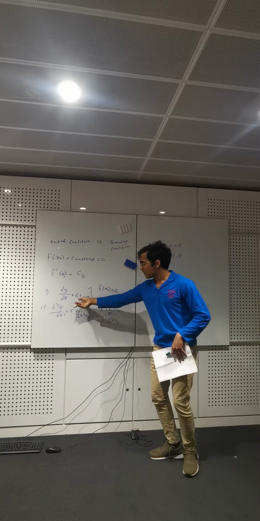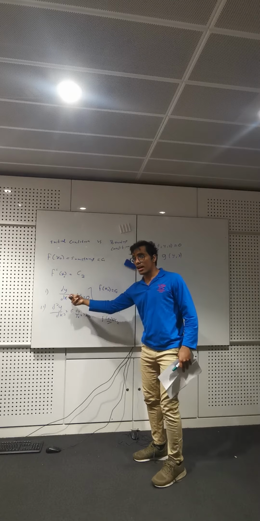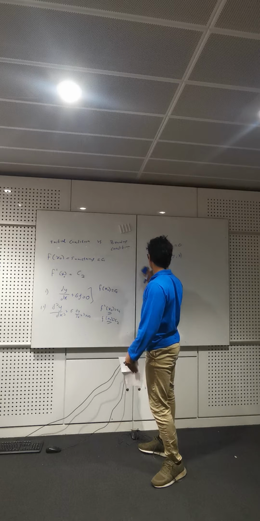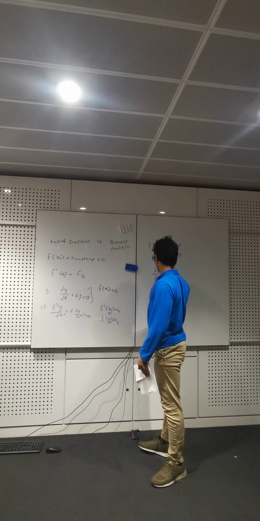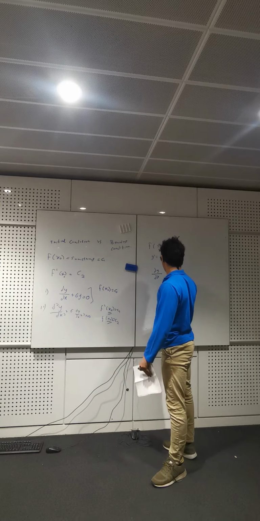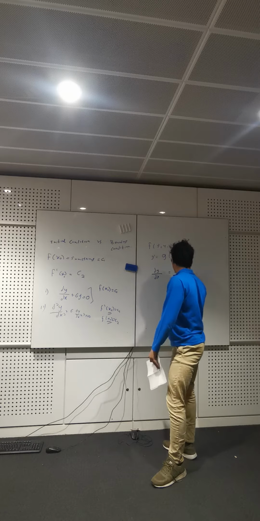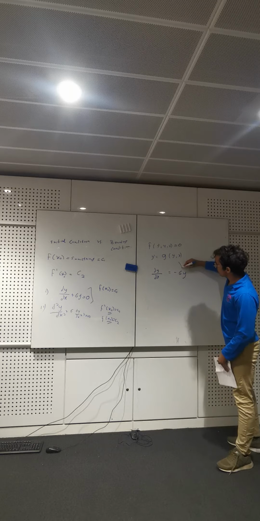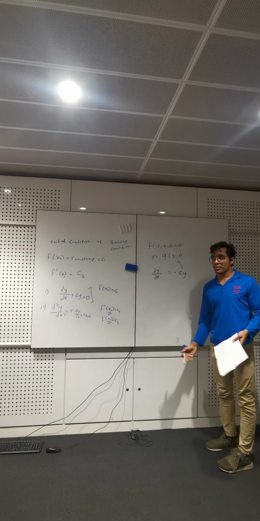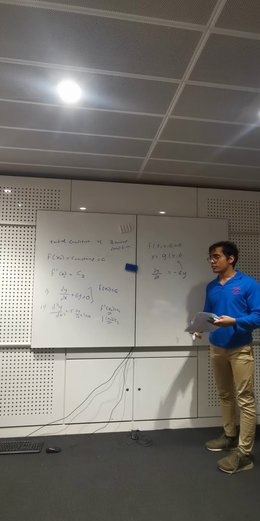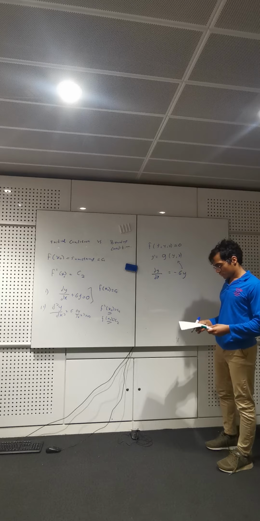For example, in the first one, we can write y prime, dy/dx, is equal to negative 6x. So we actually separated y prime into something like y prime is equal to some function.